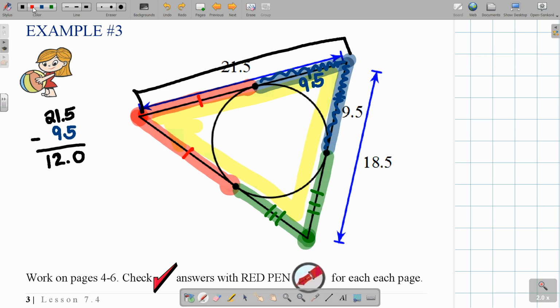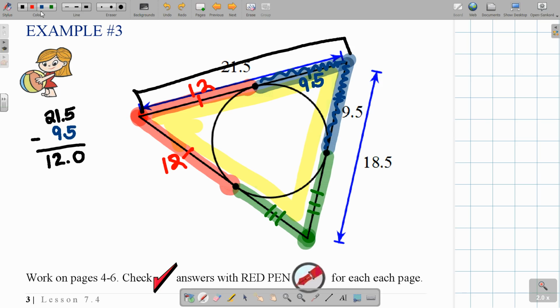All right, so we figured out that this red is going to be 12. And let's walk it around. That arms of a tan, so the 12 is going to be over here as well. Okay, let's come over here.